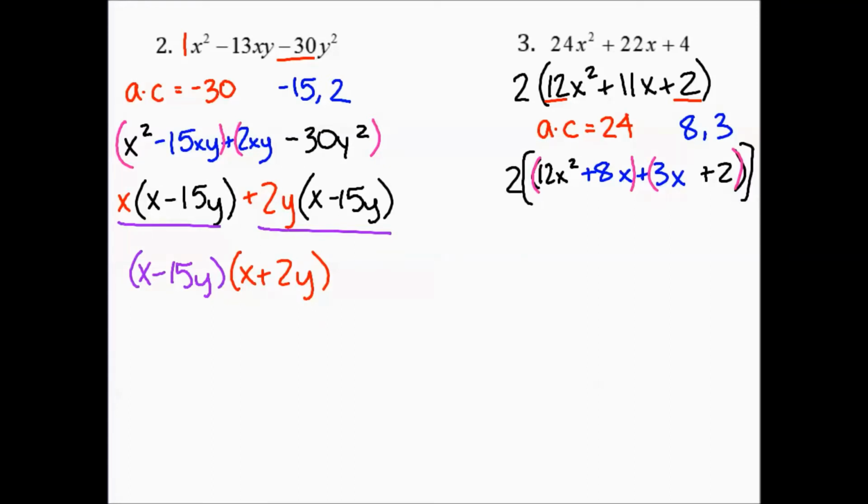The GCF of the first set of parentheses is 4x. And after I factor that out, I'm left with 3x plus 2. The second set of parentheses does not have anything in common except 1, so I'm going to say that the GCF is 1.